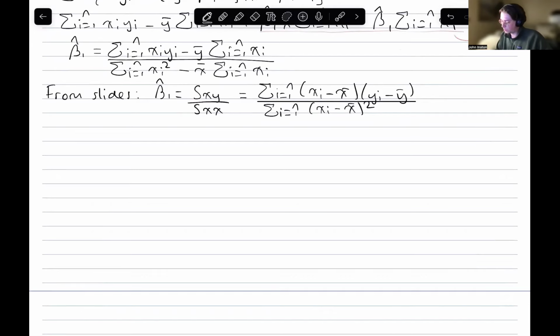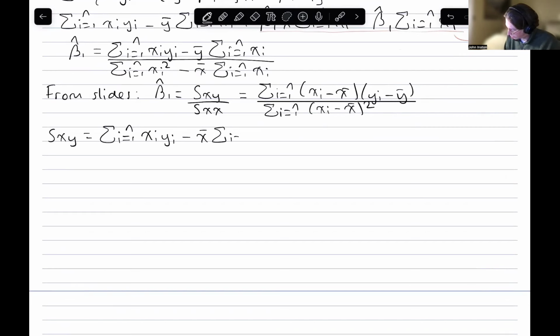I like doing it this way around because it saves us introducing extra things to get to this result, which is what we need to do. But we can see that if we take Sxy and expand out the sum, we have xi yi minus x bar times the sum of yi minus y bar times the sum of xi, plus n x bar y bar.